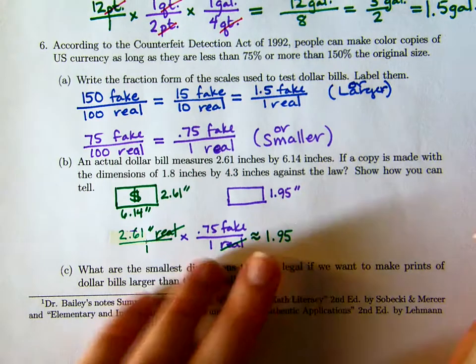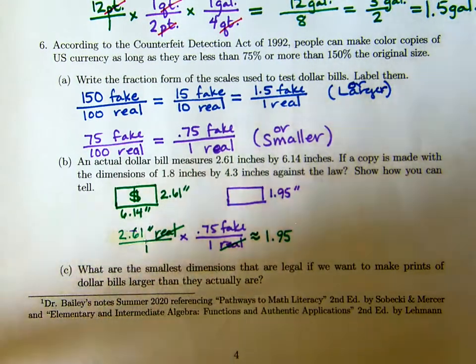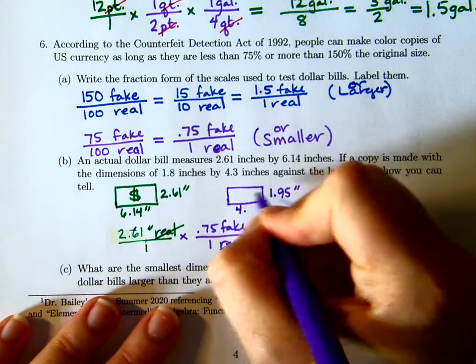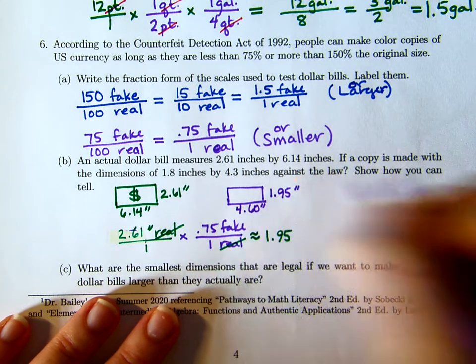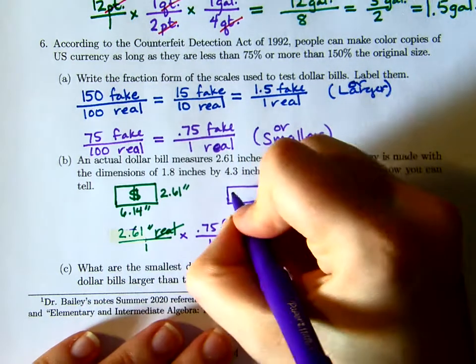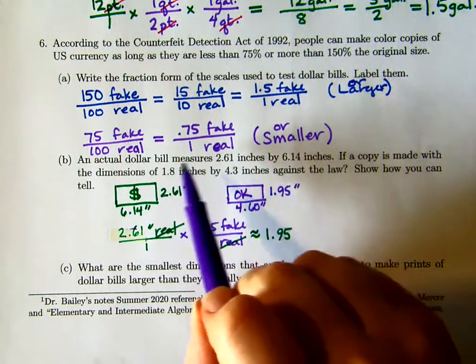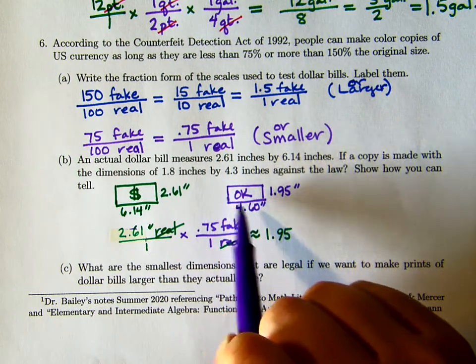1.95 inches. And then similarly, I'm going to scale this down. And I get 4.6, and I'm going to round this down, 4.60 inches. Okay, so this is an okay imposter, and ours, the one that was made, is 1.8 inches by 4.3 inches.